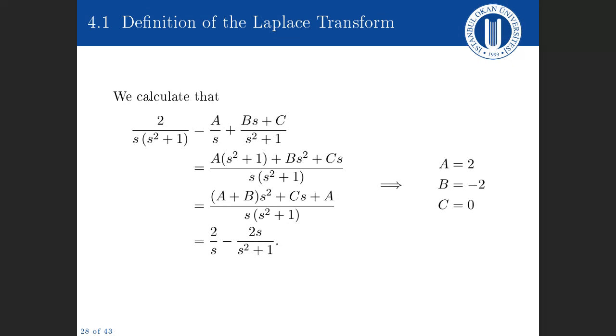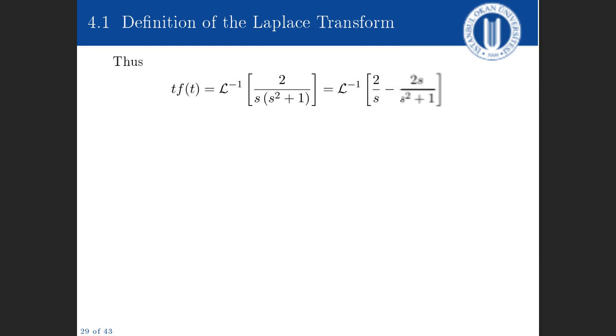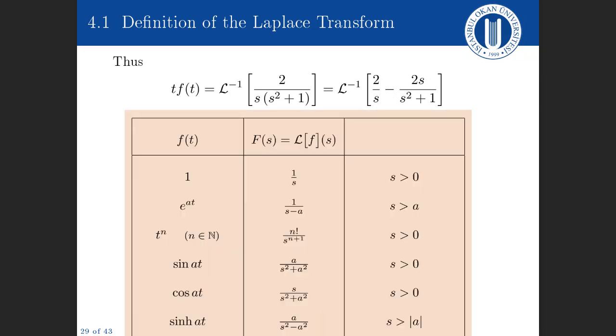This is the function that we want to find the inverse Laplace transform of. So how can we find the inverse Laplace transform of 2 over s minus 2s over s squared plus 1? Let's bring up our table of elementary Laplace transforms.